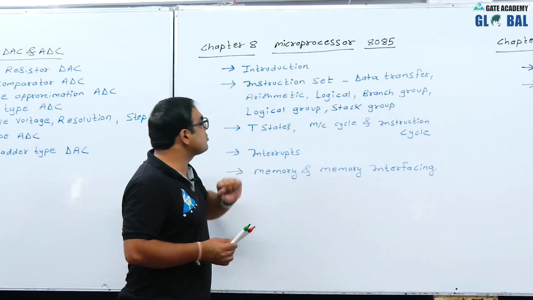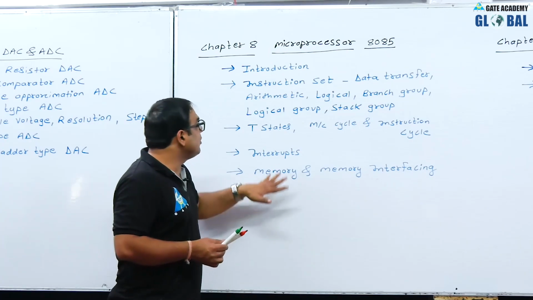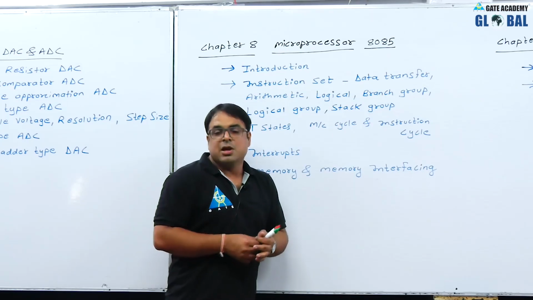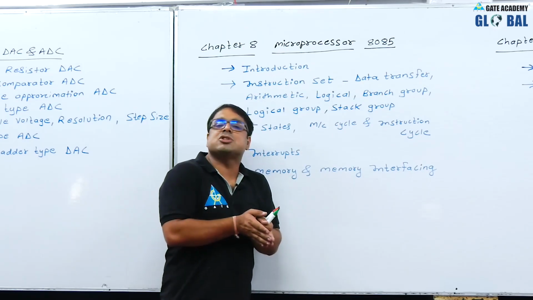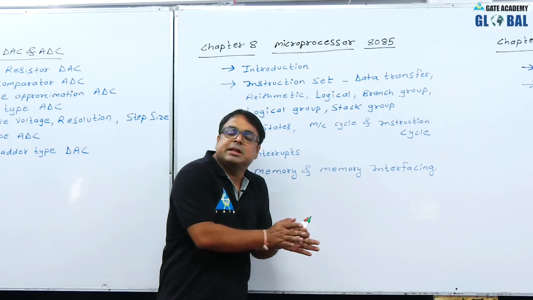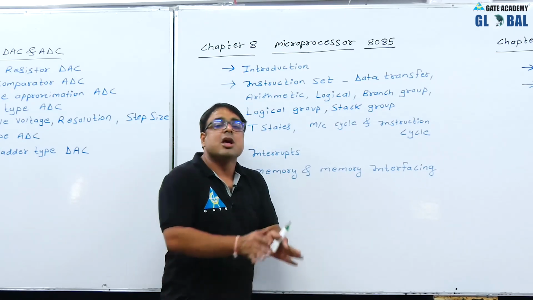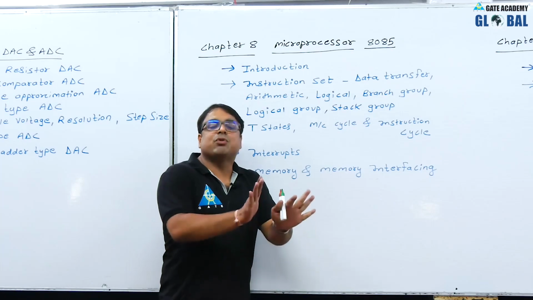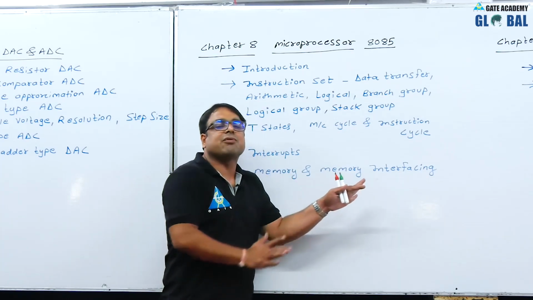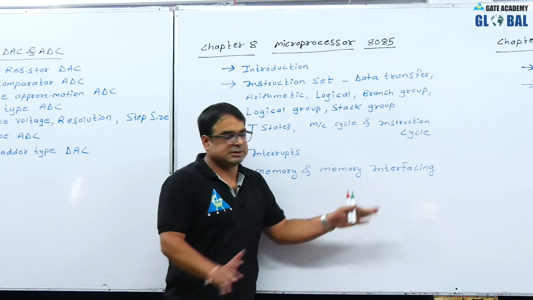Then interrupts also we are going to discuss. Then very important topic, memory and memory interfacing. So if you interface a particular size of memory with the processor, what will be the first address, what will be the last address, all these type of questions. So just don't worry for everything, whatever is required for your coming GATE exam, all the things I have covered in this complete video course.